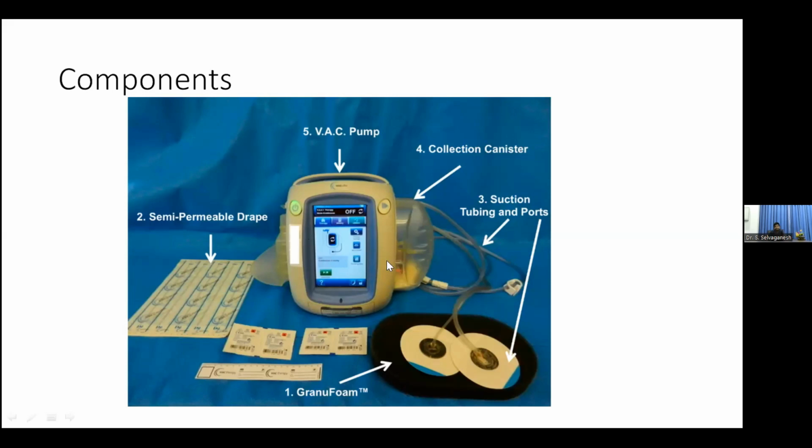I will come to those details in a further slide. This machine has several sophisticated facilities to distribute the pressure onto the wound surface evenly. These are the drapes, where we have to get this foam pasted onto the surface and get the seal. Those details will come in other slides.